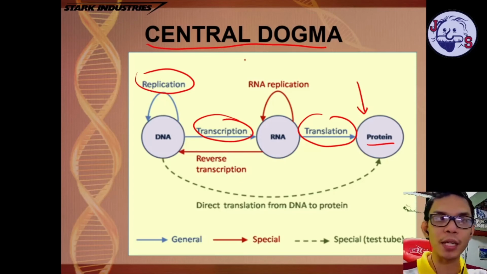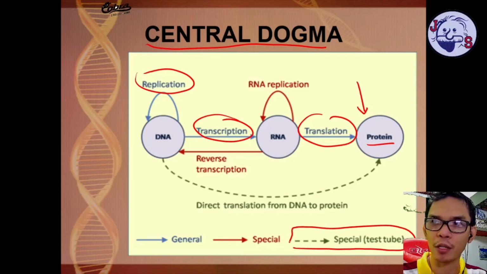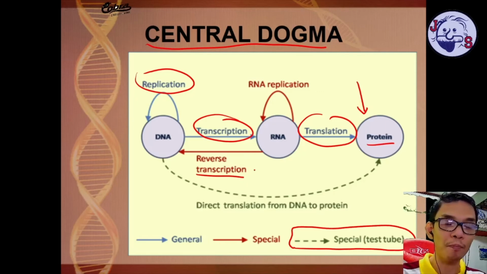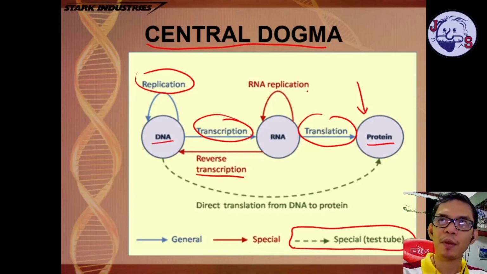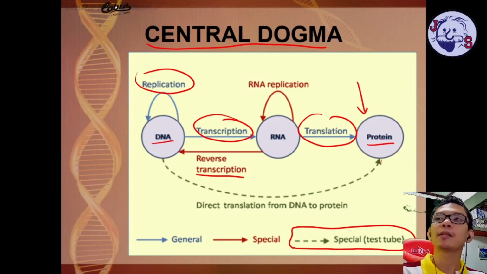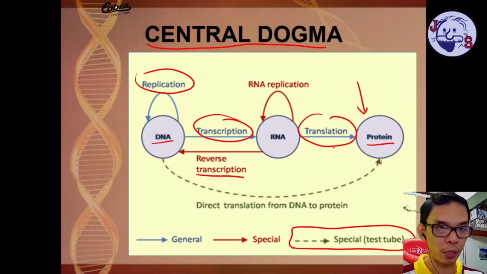Now, there are some exemptions. In some laboratory environments, RNA can be reverse transcribed to become DNA. And in some cases, DNA can skip the whole process and be directly translated to become protein in some laboratory conditions.